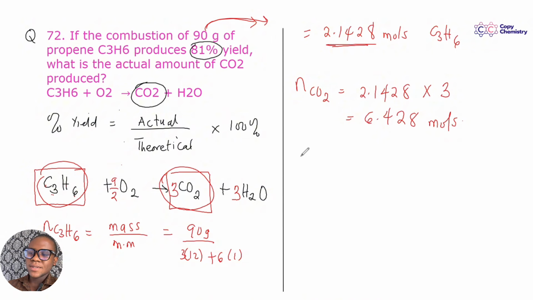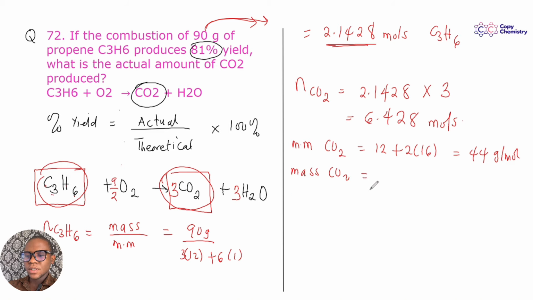Now, can we convert that to mass? First off, the molar mass of CO2 would be 12 plus 2 multiplied by 16. That should give you 44 grams per mole. And if you want to get the mass of CO2 that will be generated, it's just going to be number of moles times molar mass.